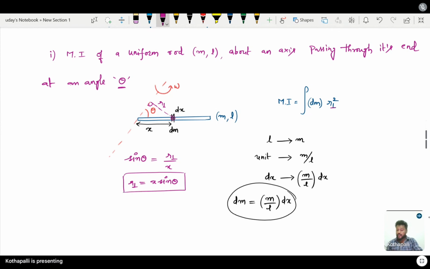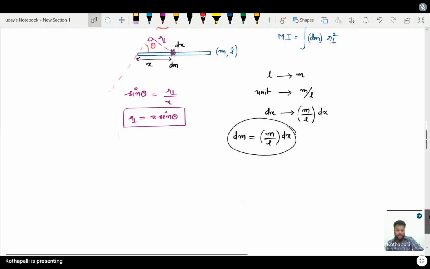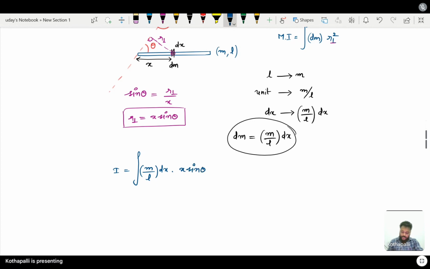Now we have the value of dm, and we have the r perpendicular value, and if I integrate this, I will get the moment of inertia of the entire rod about that axis. So the moment of inertia is the integral of dm, which is m by L into dx, into r perpendicular, x sine theta, square.